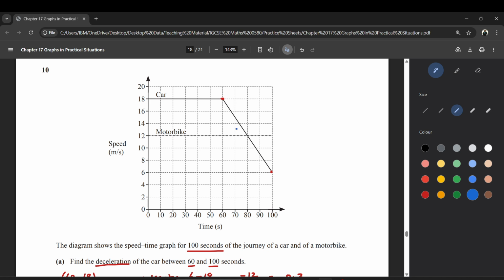So you can see that if I draw a straight line over here, we can divide this shape into two known figures. One of them will be a rectangle, this one, and the second will be a trapezium, which is this one. So you can ignore this line on motorbike, and you can just count these two figures.